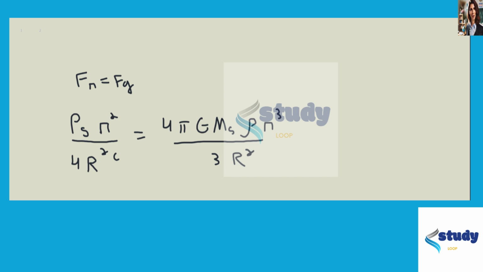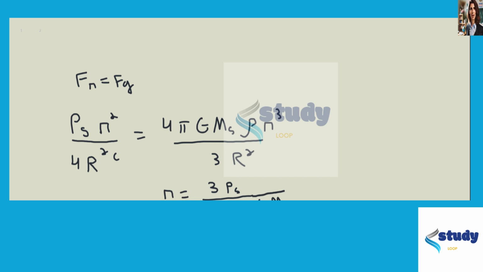So we can find the equation for small r, the radius of the sphere, to make this work. So r is equal to 3 times the power of the sun divided by 16 pi c, the density, the gravitational constant, and the mass of the sun.